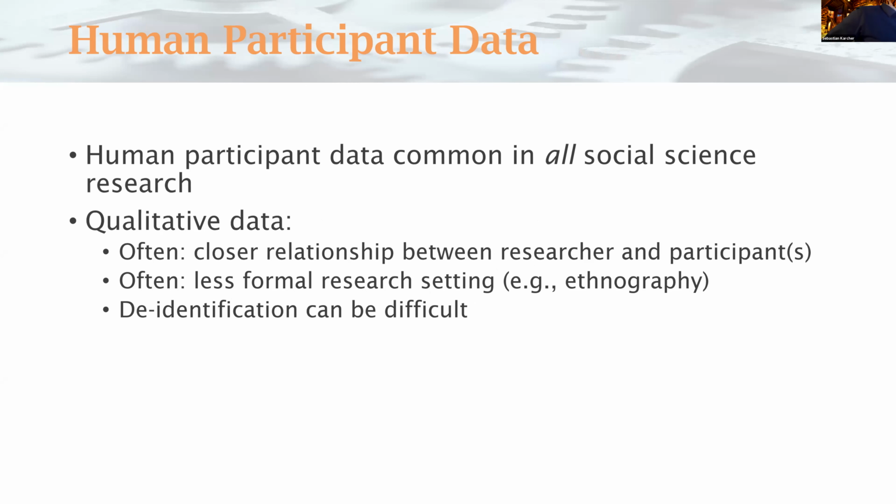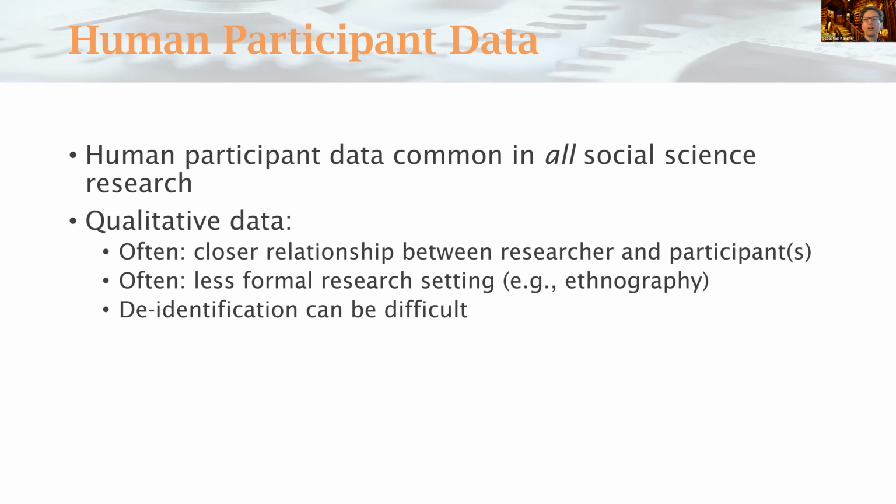So, human participant data. Obviously, almost all social science works with human participant data. That's what makes it social. But qualitative data is still different in many ways. There's often a much closer relationship between researcher and participants. So for my dissertation, I did elite interviews, but even there, some people I talked to two or three times, sometimes in somewhat informal settings.